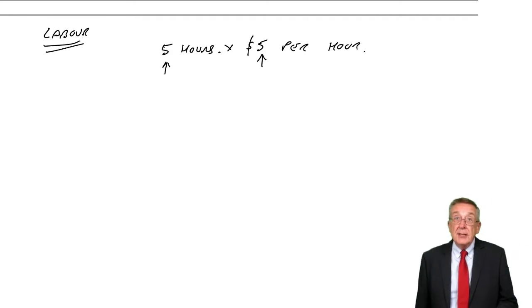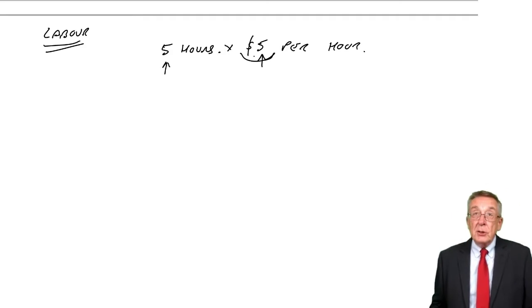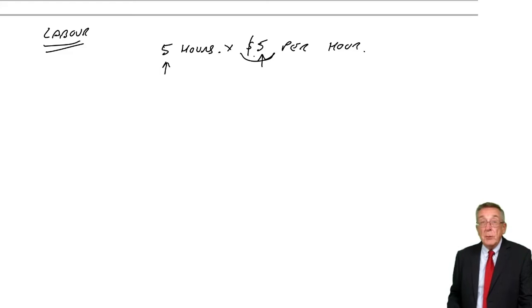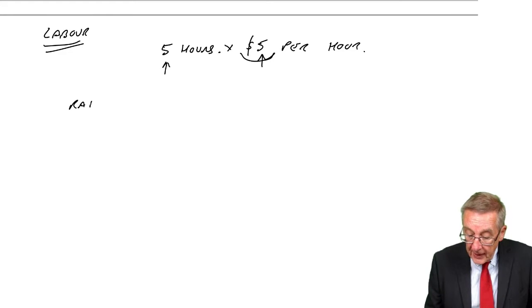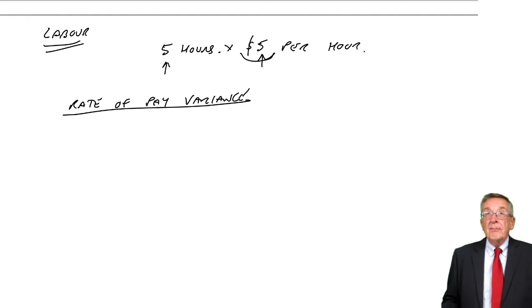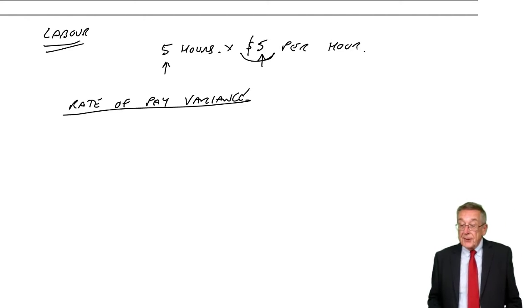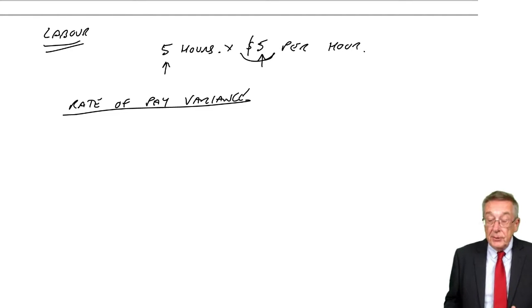Now, there's one extra thing I need to look at, so I suppose we go through. But first of all, let's look at the $5. Did we pay $5 an hour or didn't we? And we call this the rate of pay variance. Of the rate of pay variance, all I care about is did we pay $5 an hour or didn't we?